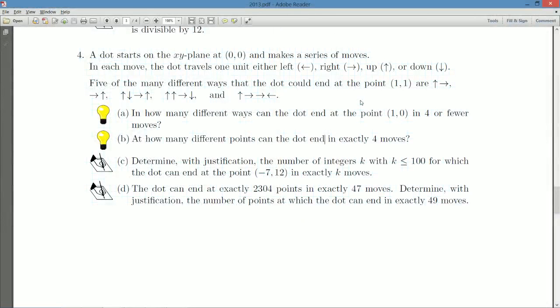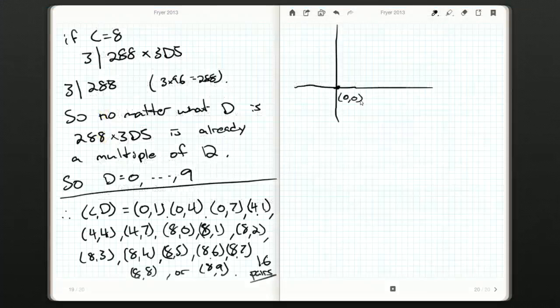And we want to get to 1, 0. So that's, let's say he's over here. And we want to use 4 or fewer moves.